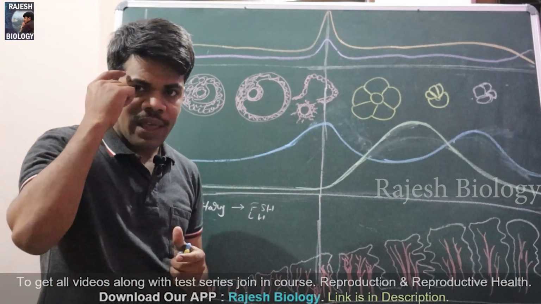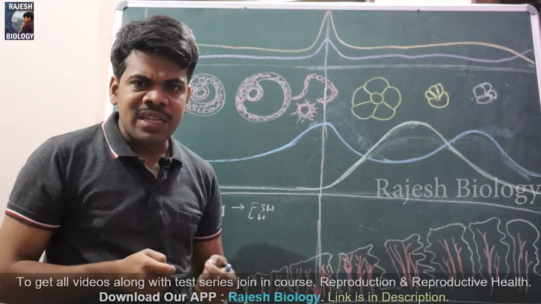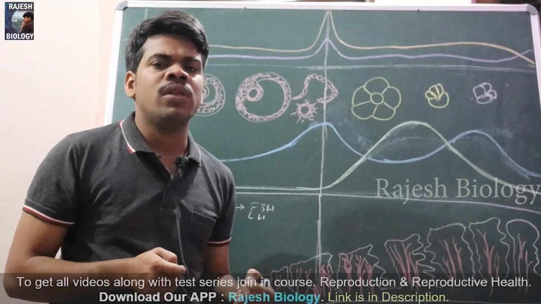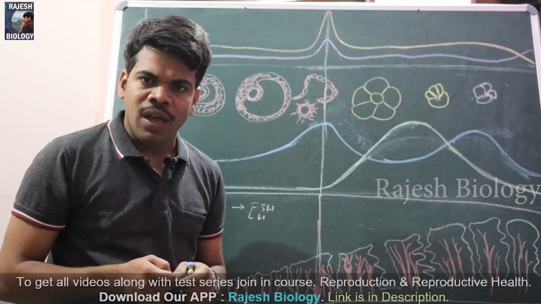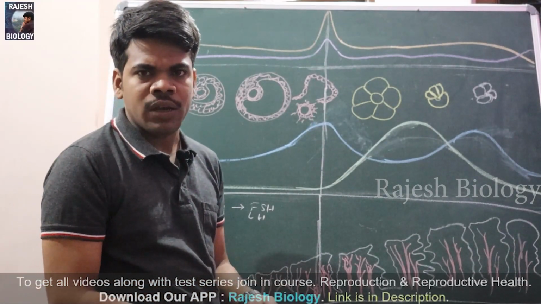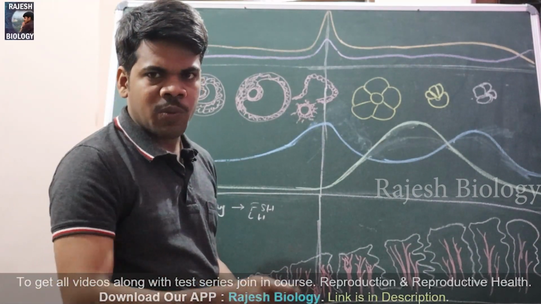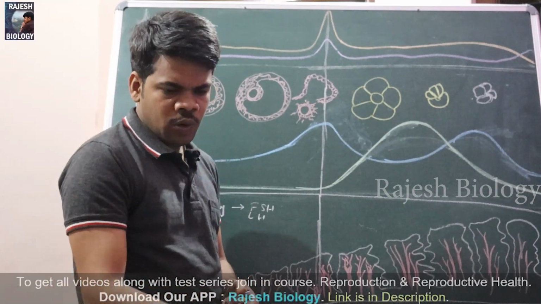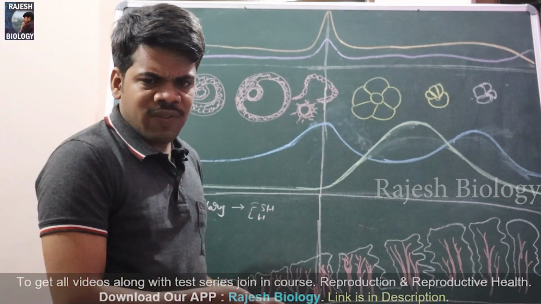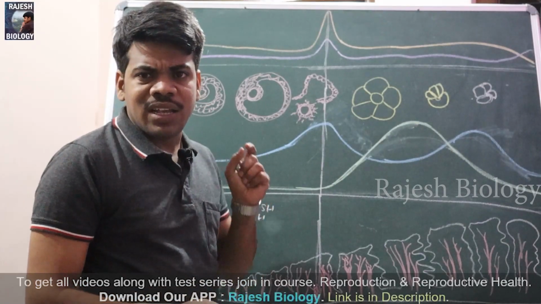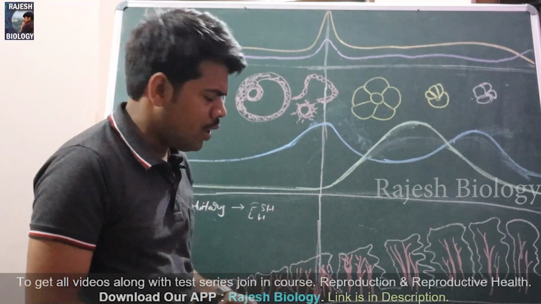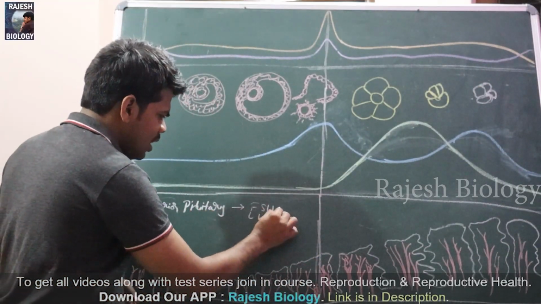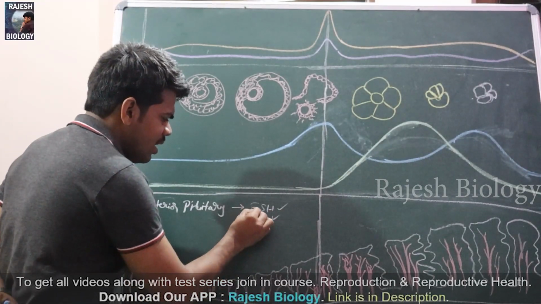They are released by the anterior pituitary by receiving information from the hypothalamus. The hypothalamus releases a hormone, gonadotropin releasing hormone, telling the anterior pituitary, go and release FSH and LH.